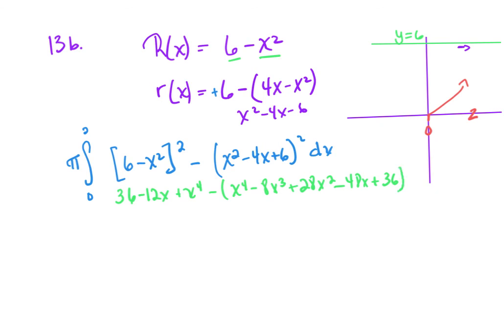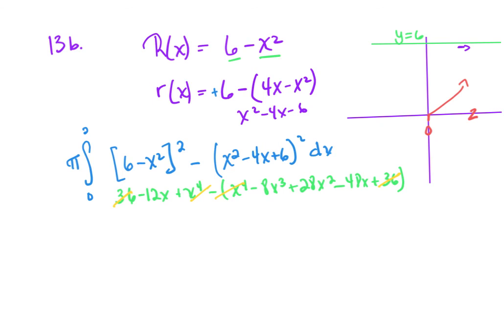And you can simplify these. You can see your 36 and your 36 will cancel. You have an x to the 4th that will also cancel.